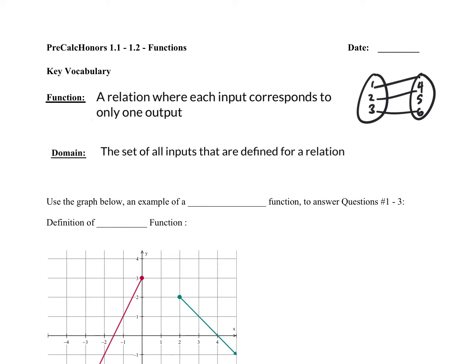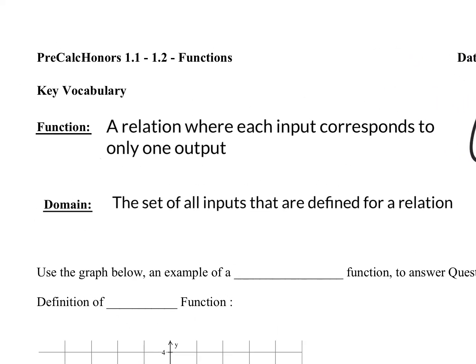But I really want to emphasize vocabulary this year, and we're going to start with these two. First, a function. A function is a relation between two variables where each input corresponds to only one output. That's the direct math definition, right? But what are we really talking about here?